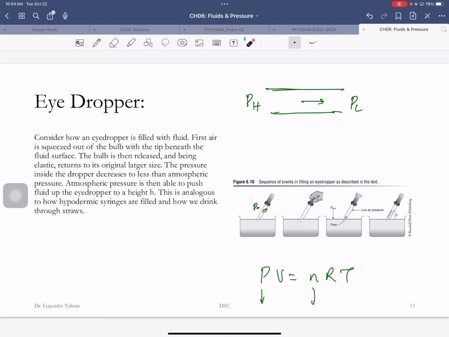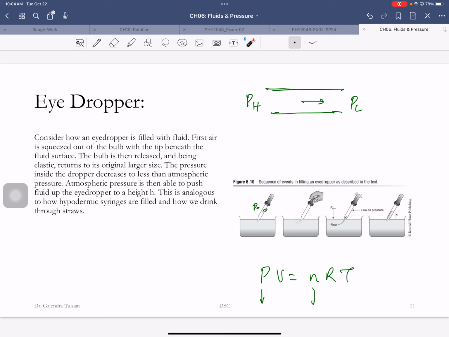That depends on how low the pressure went. Actually a little less than 1 atmosphere. The pressure in this plus this is equal to 1 atmosphere. So you're saying the whole eyedropper is 1 atmosphere, including the fluid part.